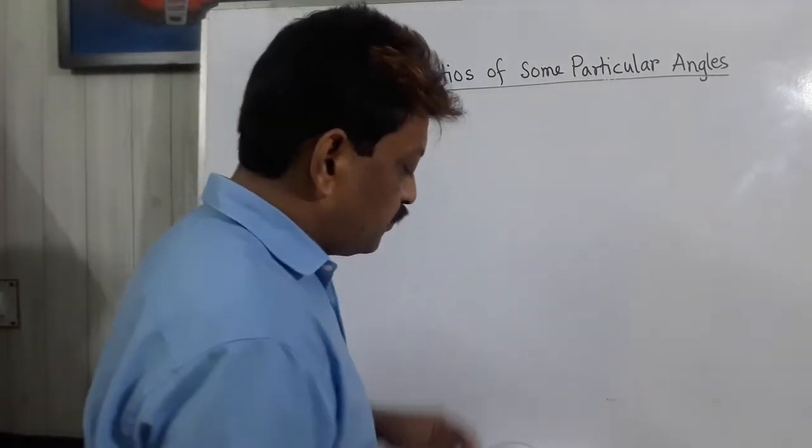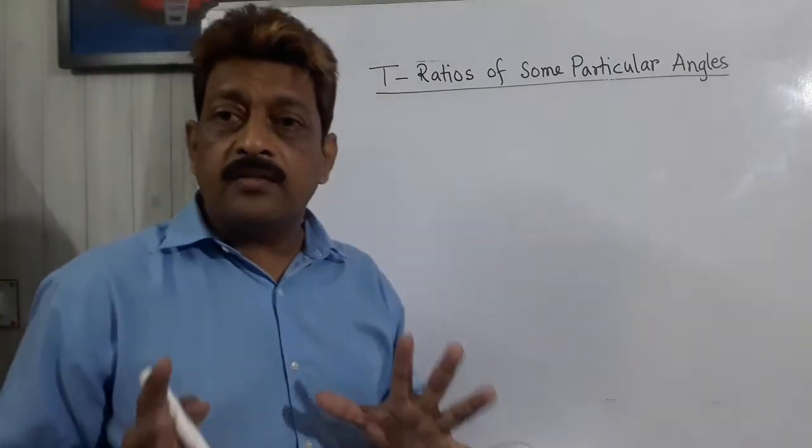So in that case, we have to draw an isosceles right triangle.